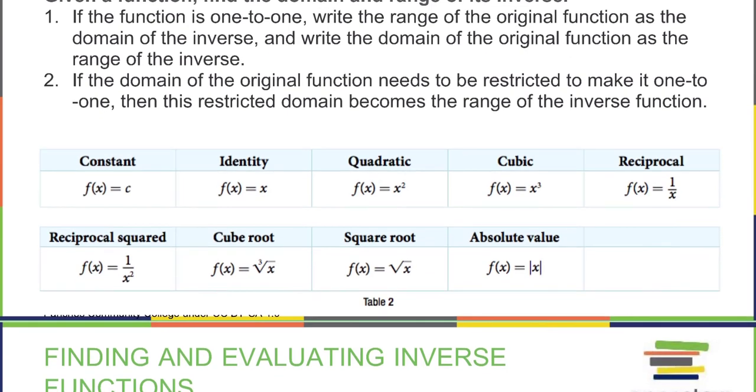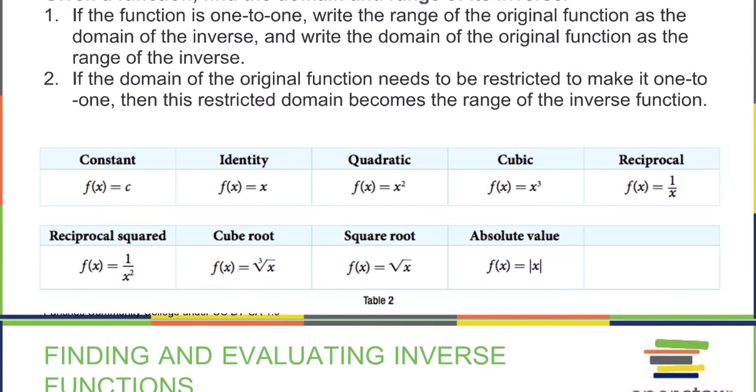Now, if the domain of the original function needs to be restricted to make it 1-to-1, then the restricted domain becomes the range of the inverse. What that means is something like absolute value. It's not 1-to-1, okay? So before I find the inverse, I could make it 1-to-1.